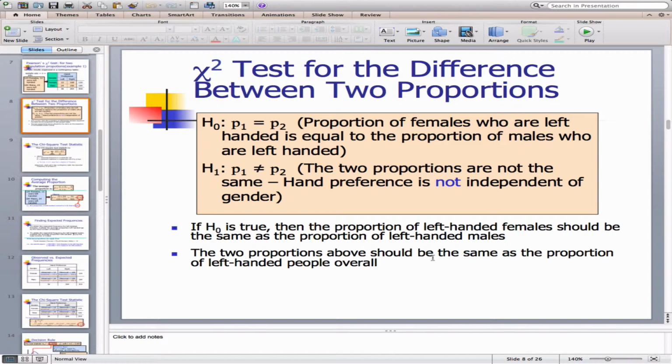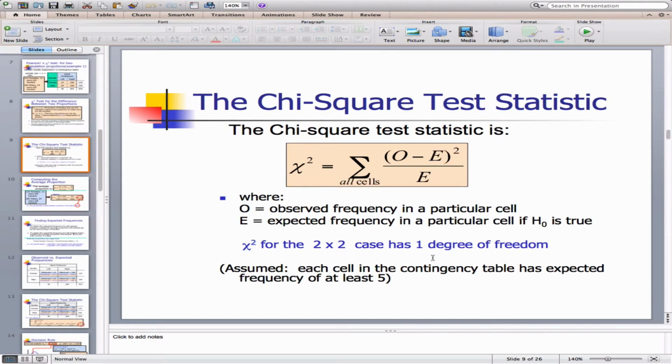What is expected? That is the expected number, or the expected layout, under the null hypothesis. And the observed is what you actually observed. So the chi-square test is a summation over all the cells of the squared distance between the expected and observed, over the expected. O here stands for observed, and E here stands for expected.